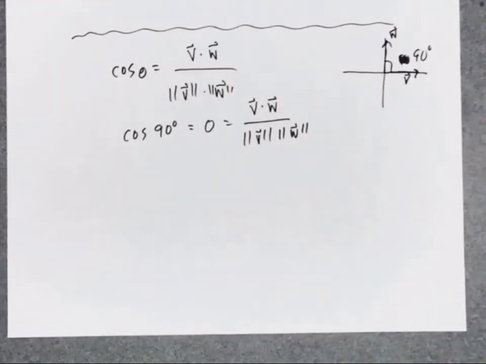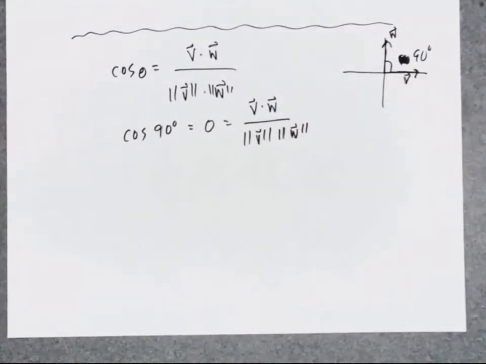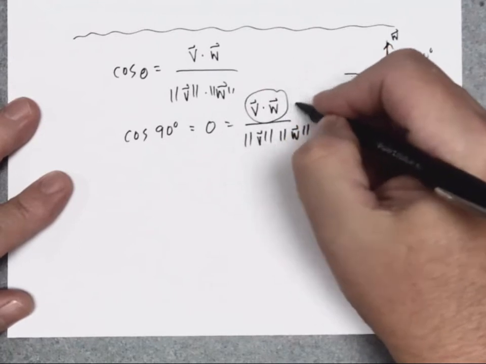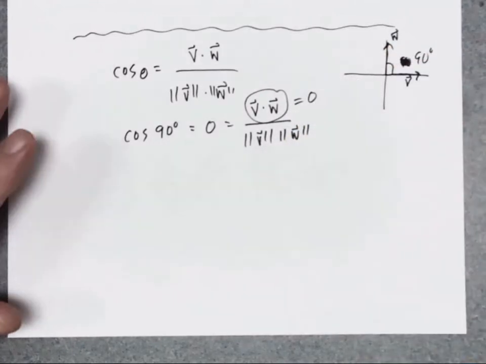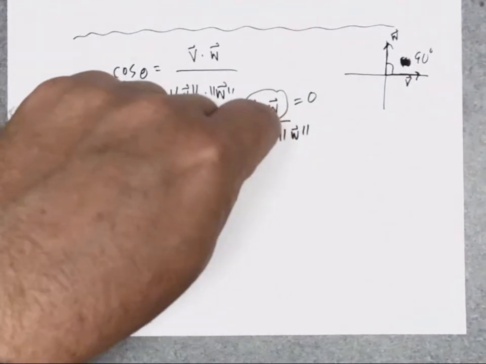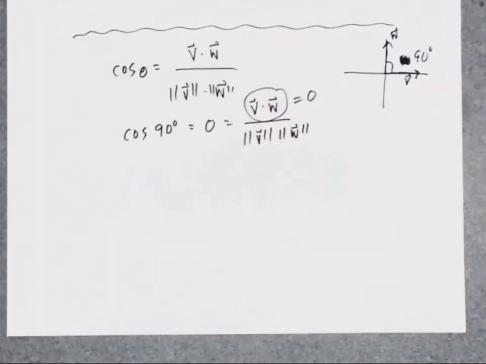First of all, what's the only way that this fraction is ever going to equal 0? The only way it's going to ever equal 0 is if that numerator equals 0. There's nothing I can do with the denominator to make this thing ever equal 0. It's just not possible.